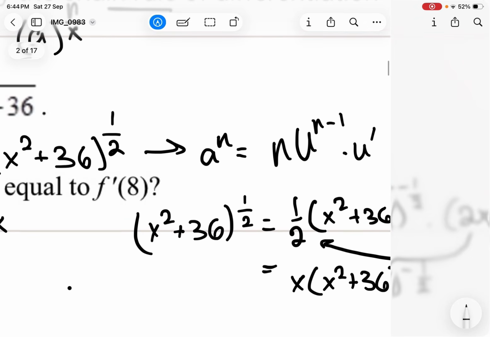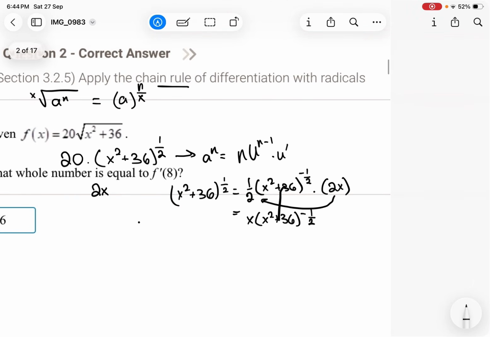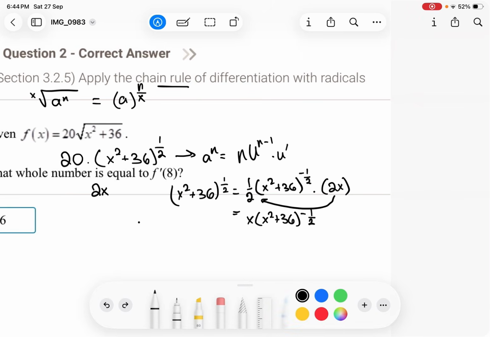Now you found this, and then the 20 at the start, you put it now: 20 times x squared plus 36 to the power of negative half. You should never leave an exponent negative here.